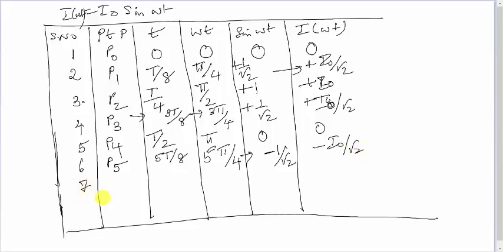Seventh one will be P6. P6 will be after 5T by 8, 6T by 8 or 3T by 4. This will become 3 pi by 2, minus 1. So minus I naught, negative maximum. Eighth will be P7. After 6T by 8 will now become 7T by 8.